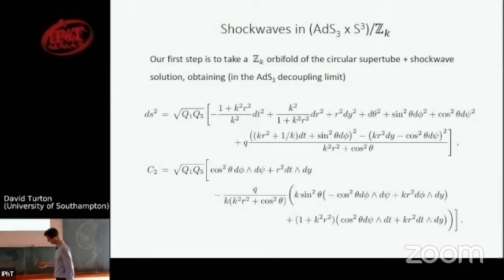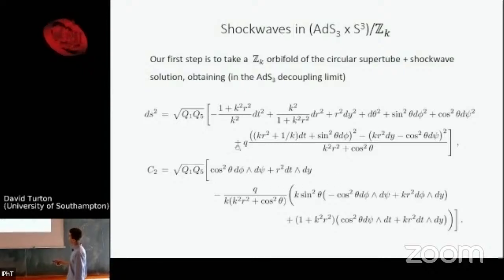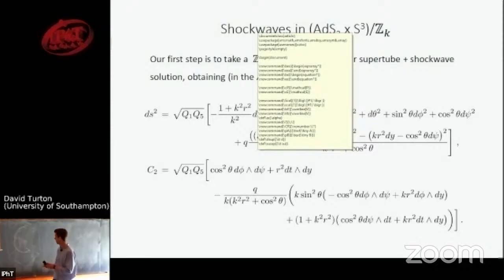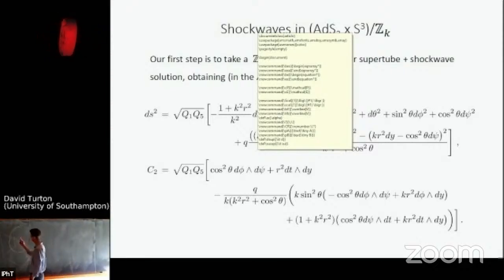And that looks very similar to what we had before, but now we have on the first line, the Zk orbifold has global radius 3 times S3. And so the appropriate shockwave solution has powers of k everywhere. So this is the supertube plus shockwave with Zk.